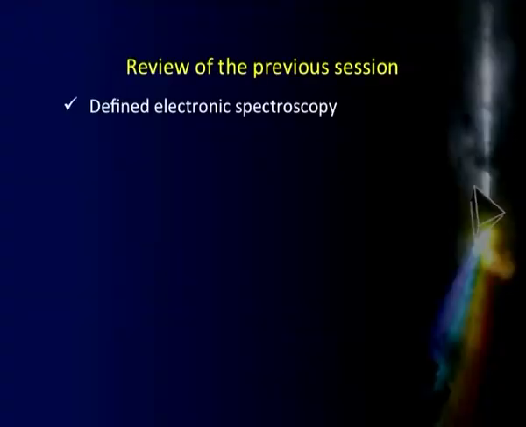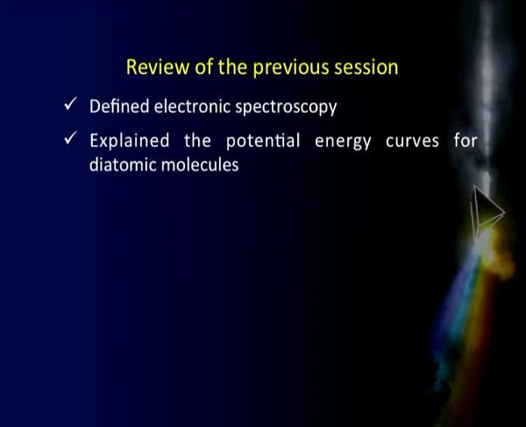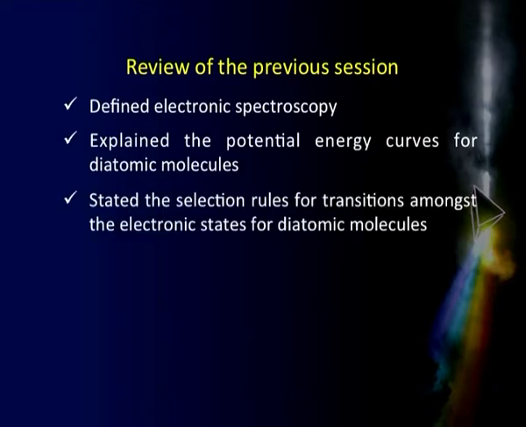So let us make a beginning by recalling what we did in the previous session. In the previous session we basically started by defining what electronic spectroscopy is. Thereafter we explained the potential energy curves for diatomic molecules, wherein we saw the electronic energy levels, and then we stated the selection rules for transitions amongst the electronic states for diatomic molecules.